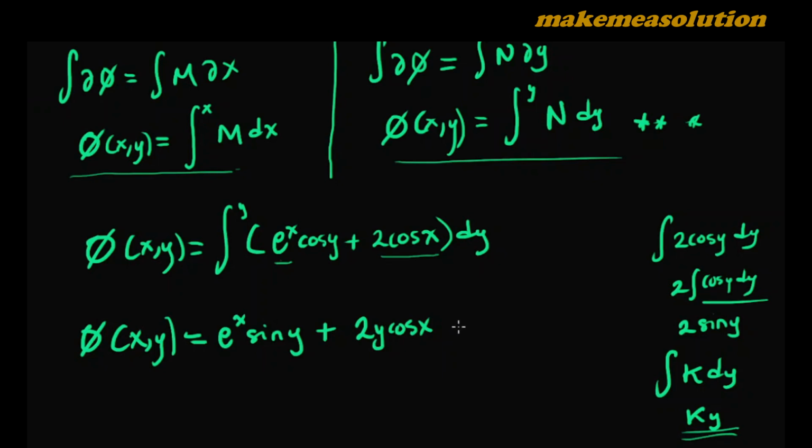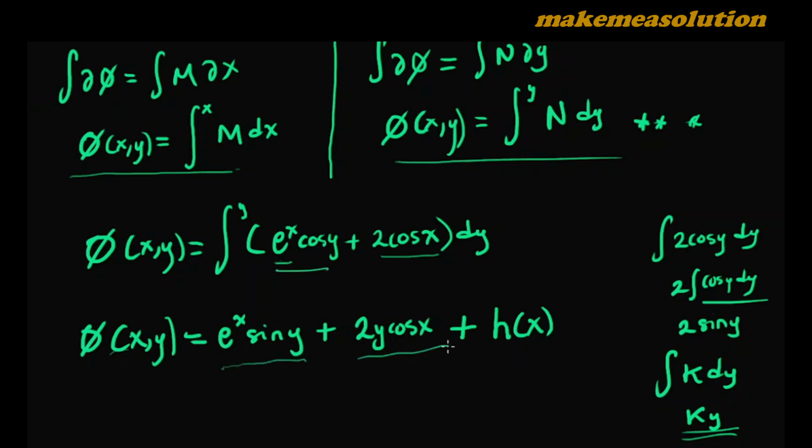But here is something interesting that happens when we put the constant of integration. We are going to assume that the constant of integration is actually a function of x in this case. So h of x is the integration constant, taken to be a function of x. It makes sense to assume this, because when we differentiate this particular phi partially with respect to y, if you differentiate this term with respect to y, we get this.